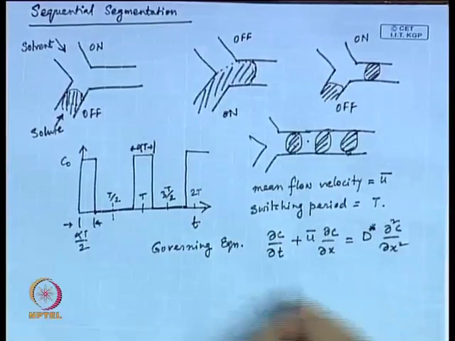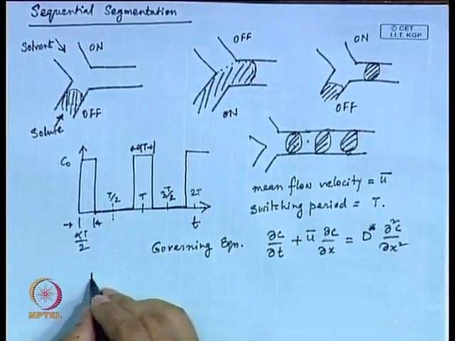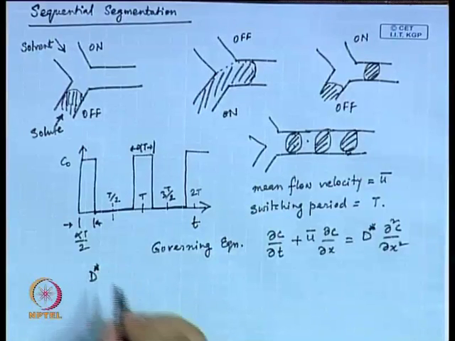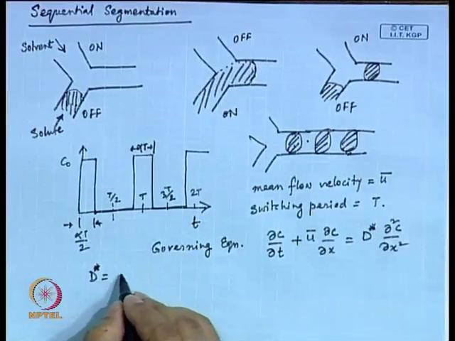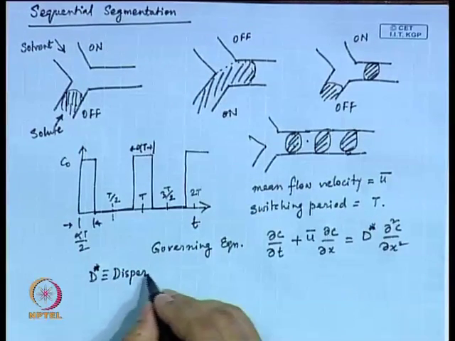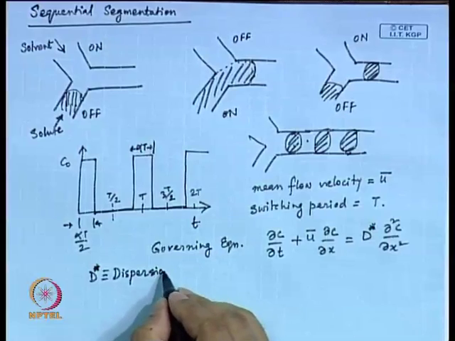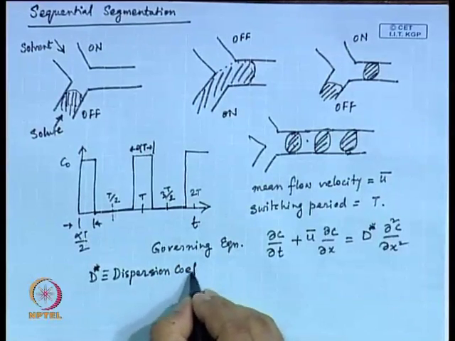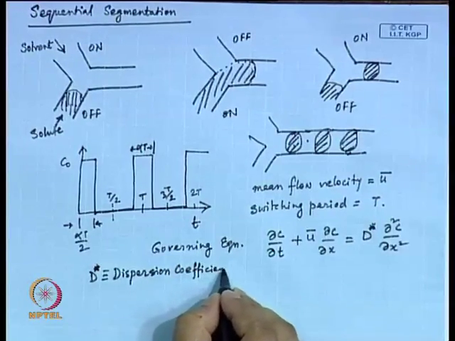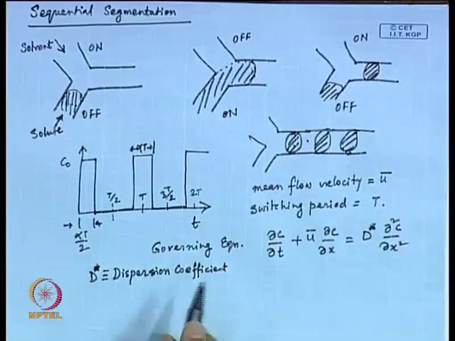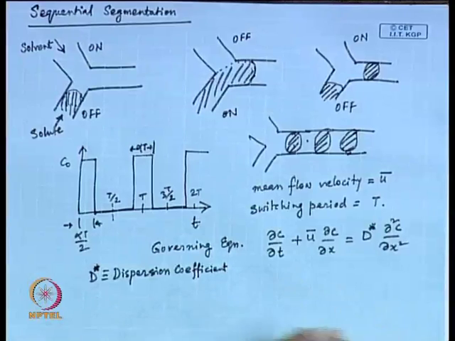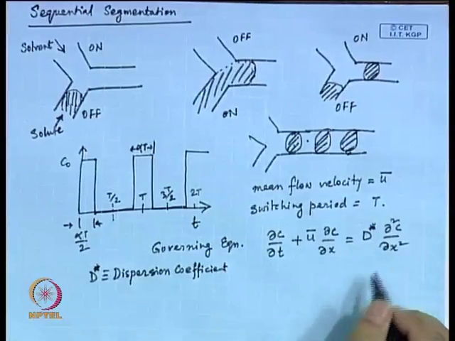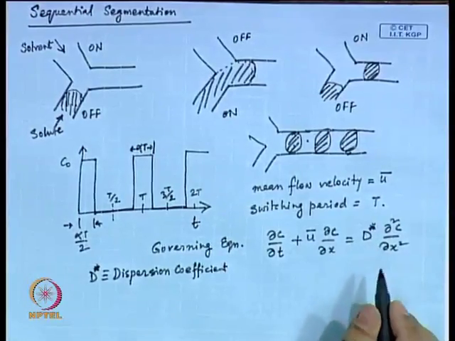What is D star? Since it is a flow through a tube, we are calling this D star the dispersion coefficient. What is the difference between dispersion coefficient and diffusion coefficient? We would be taking it up probably later part of this lecture. Let us just accept that this is a little different from diffusion coefficient. We call this a dispersion coefficient.